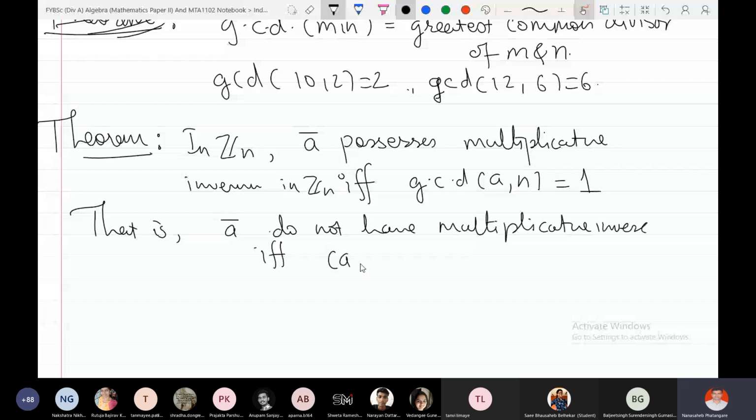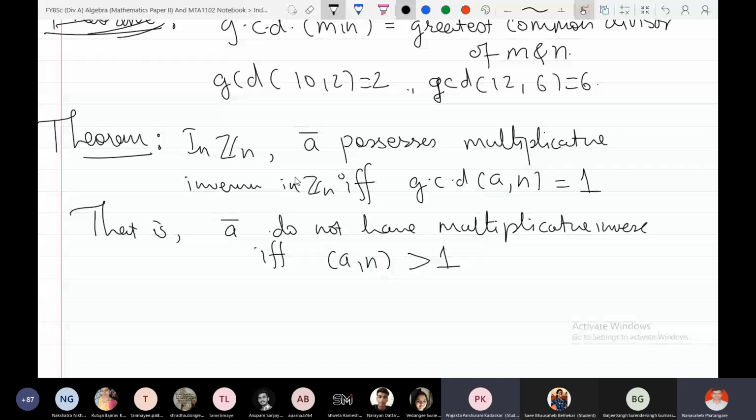Not 1 means greater than 1, because GCD is always a non-negative quantity, so that we will discuss later on. But right now we are interested only in this, so we'll not try to prove this right now. We'll prove it maybe later on, right? But this is what you should observe, right?